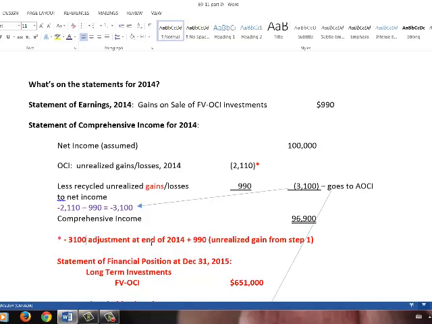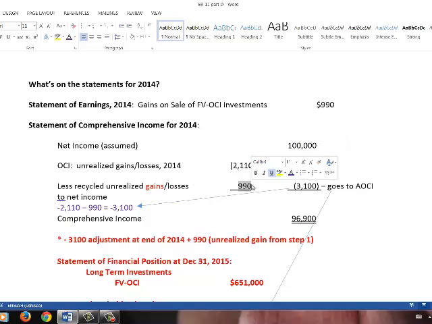Netting these two out tells us that we processed, in just the current year, an unrealized loss at net of 2,110. However, we have to deduct from that any unrealized gain or loss that we recycled into net income. So we know that's 990.